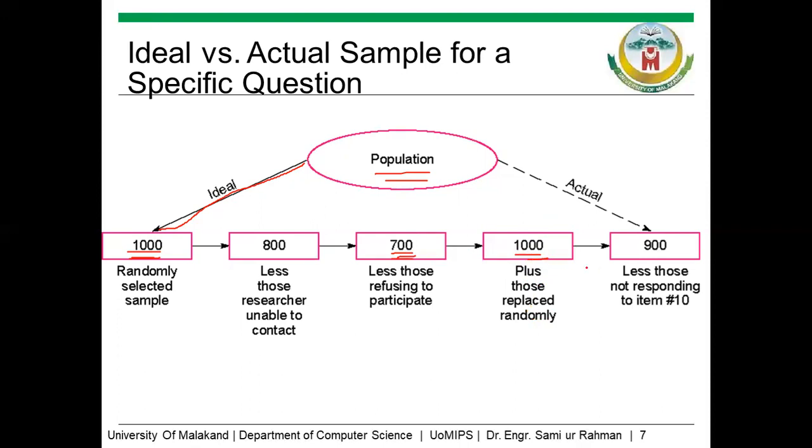Okay, and now again this is 1000, but finally we receive responses from 900 people. Okay, so this is how the survey goes. The actual things are usually like the actual responses which we get. Okay, so usually we select a set of people, then we distribute the survey, and then we get the responses, and the responses are fewer than the number of people who were provided the questionnaires. Okay, so this is the situation.